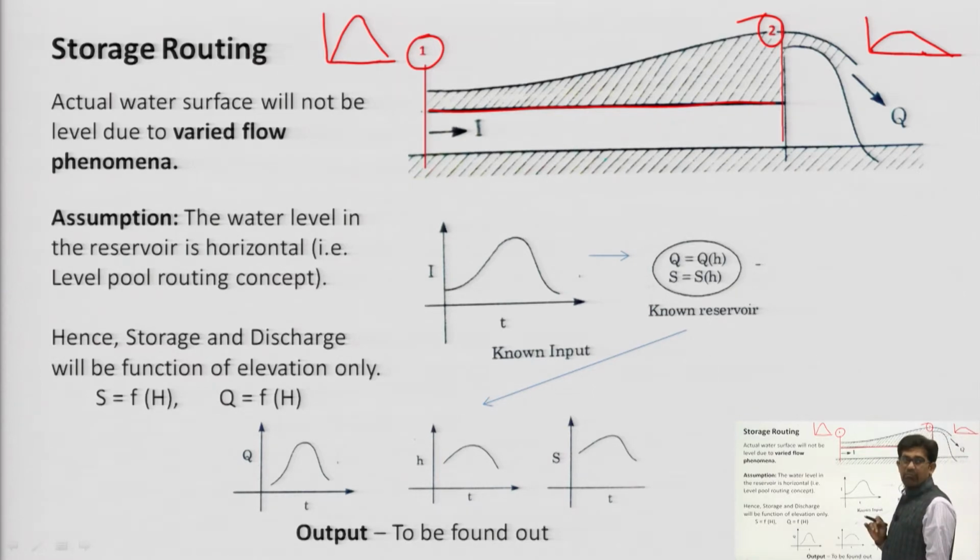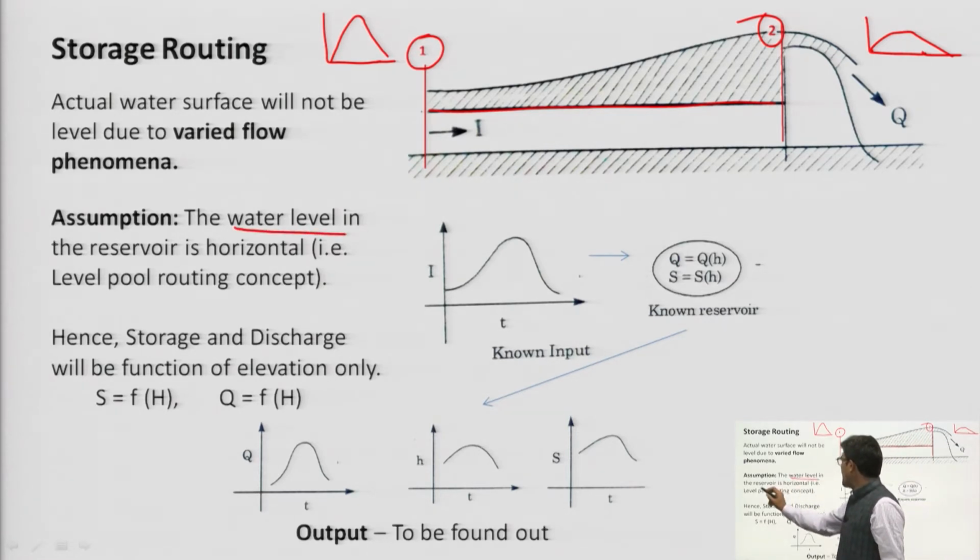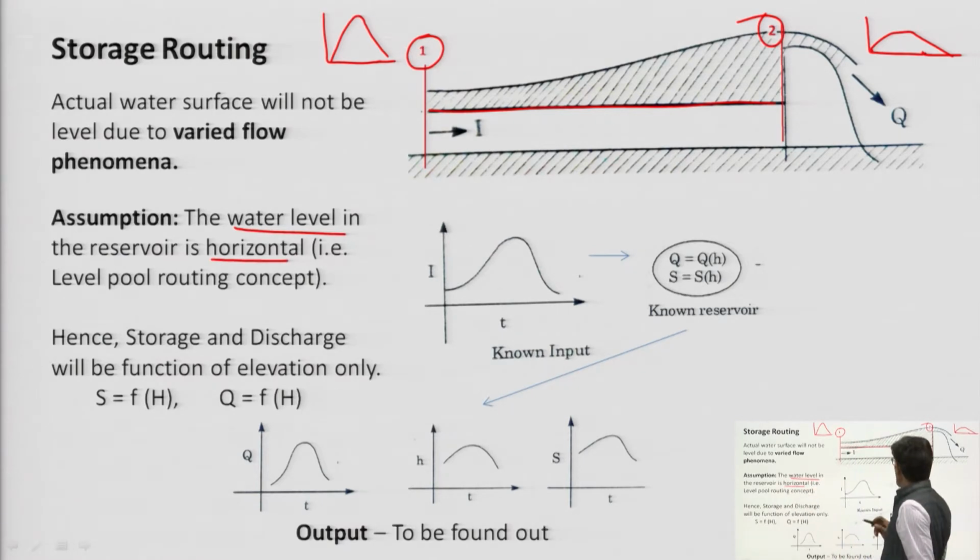Here we need to assume one thing, and what is the assumption? The assumption is the water level in the reservoir is horizontal, both before the inflow hydrograph enters and after it enters.